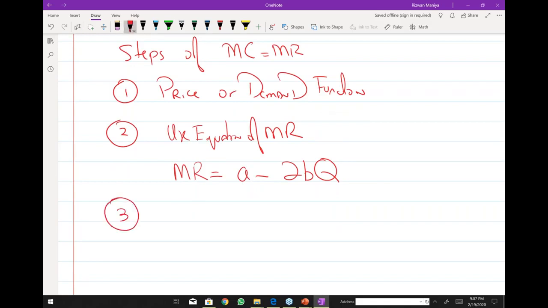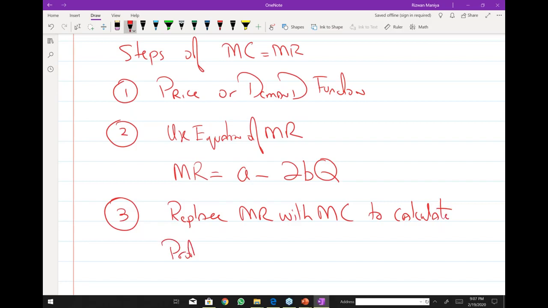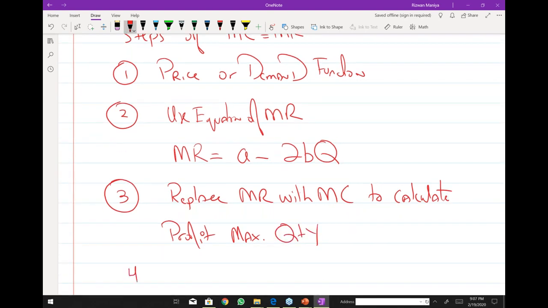Then third, replace MR with MC to calculate profit maximizing quantity. And the last step is, use the price function.